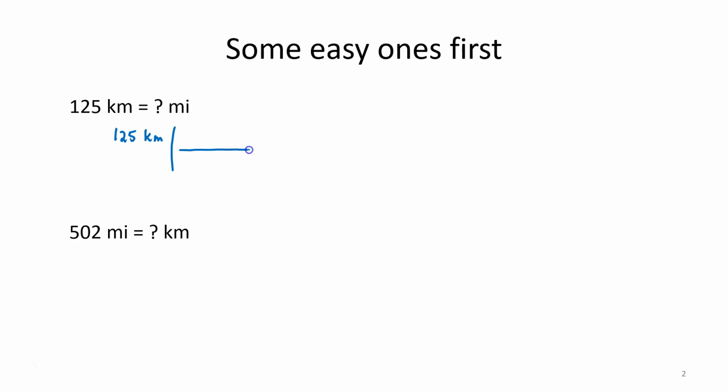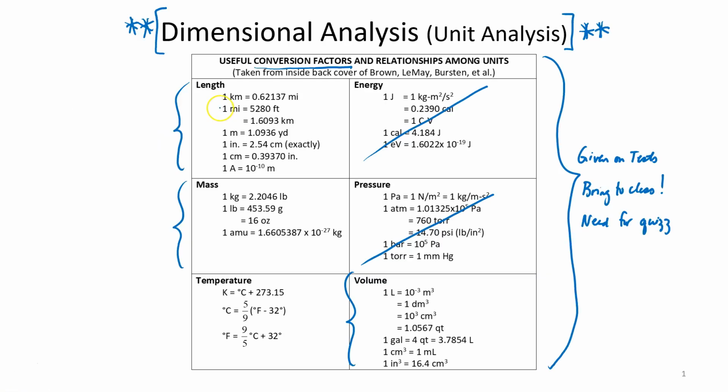We need to multiply by a conversion factor such that kilometers is downstairs, miles is upstairs, and kilometers cancel out, and we end up with units of miles. So what was the relationship between kilometers and miles? Here it is. You can use either this one, or you could use this one. I've already circled that. That's the one I'm going to use.